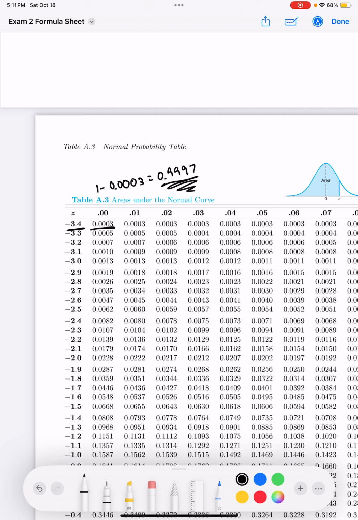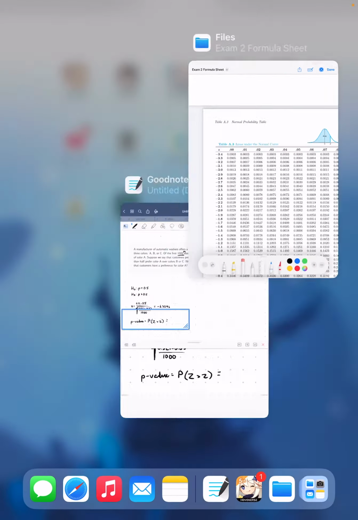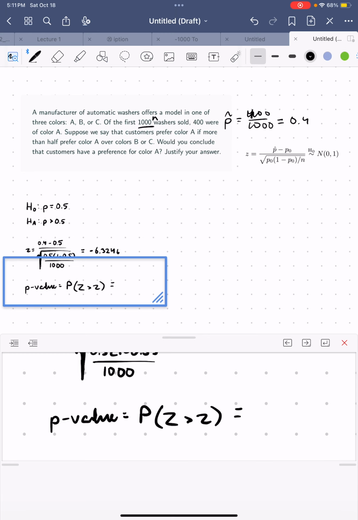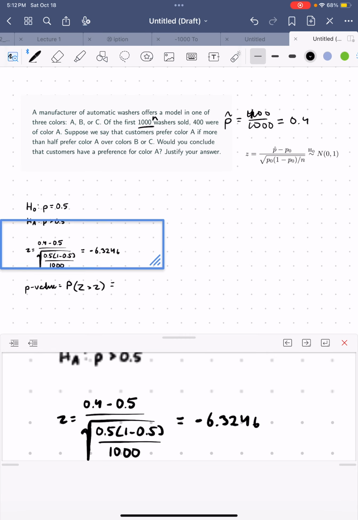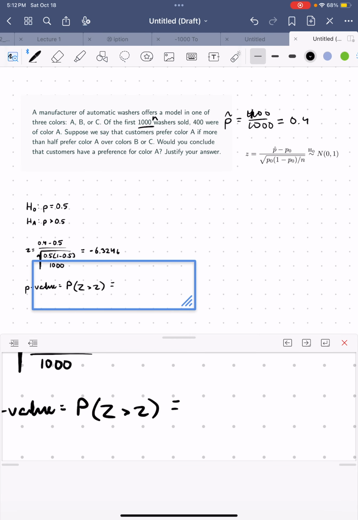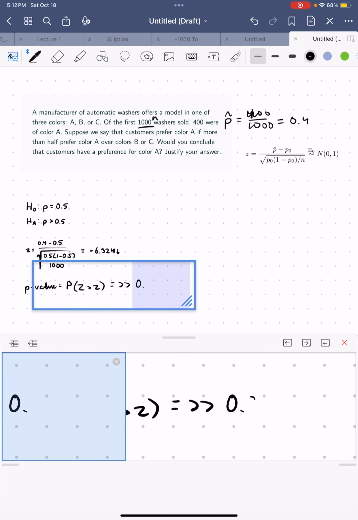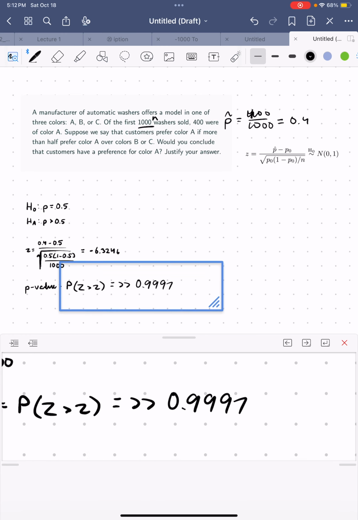We definitely do not have enough evidence that our null hypothesis is not true, since this is way larger than our alpha value. So here we have that our p-value is way greater than 0.9997. I don't remember how many zeros it was. It was something around this.